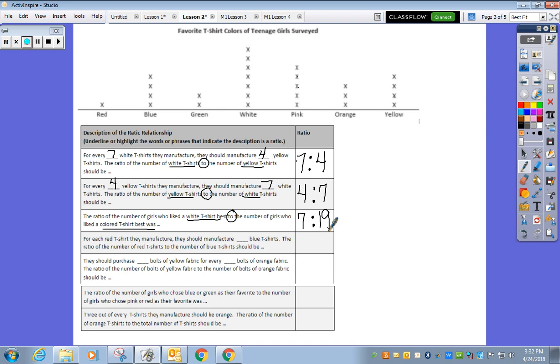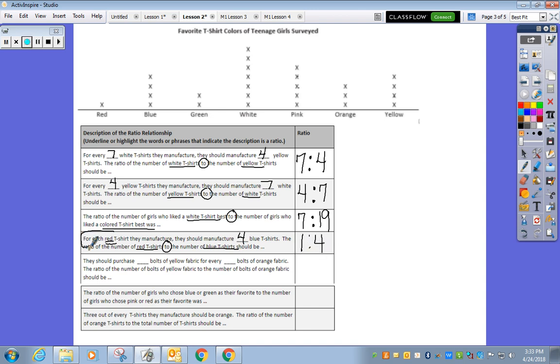Okay, the next one is for each red shirt they manufacture. So we're going to look at red. They should manufacture some number of blue. Now this is saying for each red, because there's only one red, and we will say for each something if it's one, or for every something if it's one. And then when we look at blue, we've got 1, 2, 3, 4 blue. If we're doing a ratio of the number of red t-shirts to the number of blue t-shirts, that would be 1 to 4.